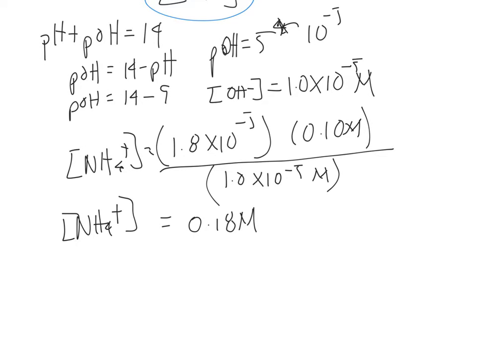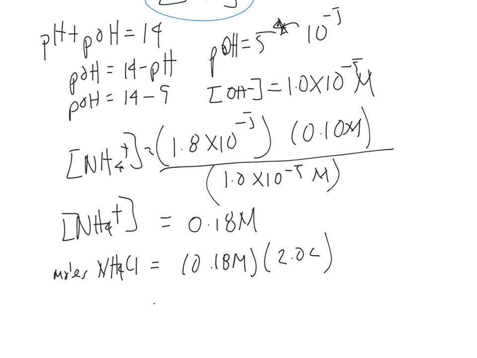And now remember that molarity is equal to moles over volume. So the moles of NH4Cl will be equal to the concentration of NH4Cl times the volume, that is 2.0 liters, and this will be equal to 0.36 moles of NH4Cl.